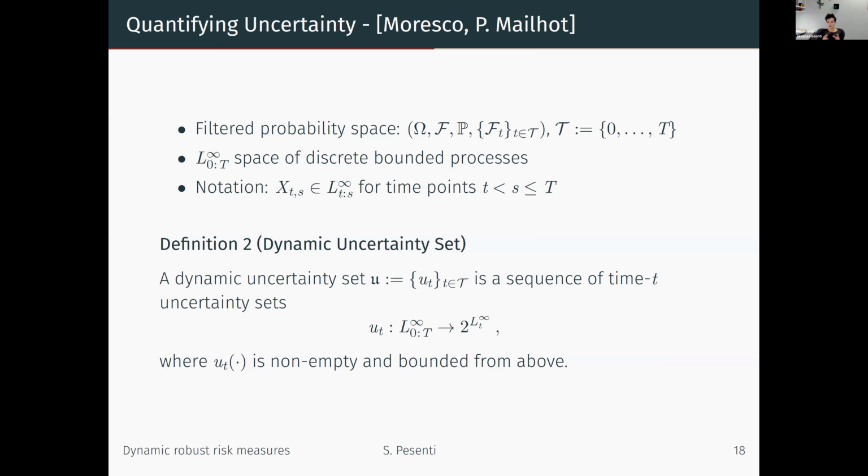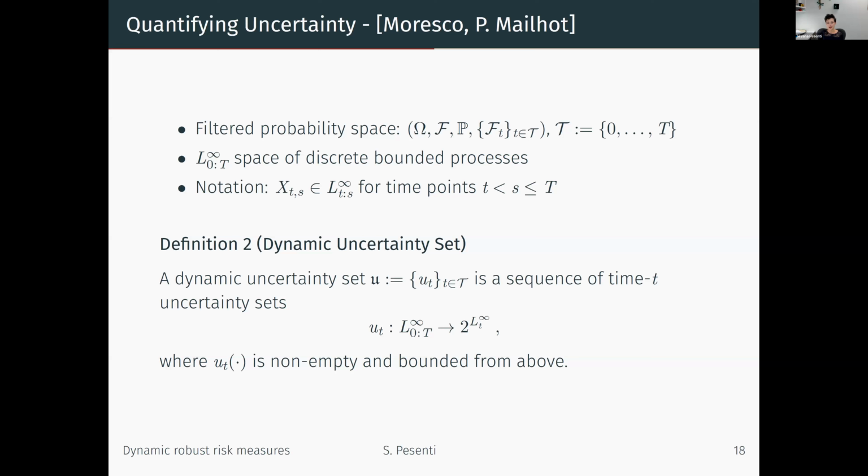Well, it takes your reference random variable or distribution and gives you an alternative set of random variables. The idea here is very similar. My uncertainty set at time little t, which quantifies the uncertainty I have at time t, takes my stochastic process and gives me random variables measurable at time little t.